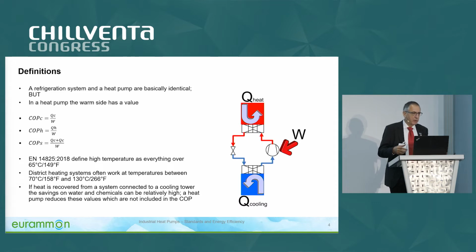Also, a lot of people think a heat pump is just a refrigeration system which is optimized on the warm side. And nothing can be more wrong. If the cold side is not running optimally, the warm side will not be optimal either. And therefore, it's important that you look at the total cycle and understand the cycle.